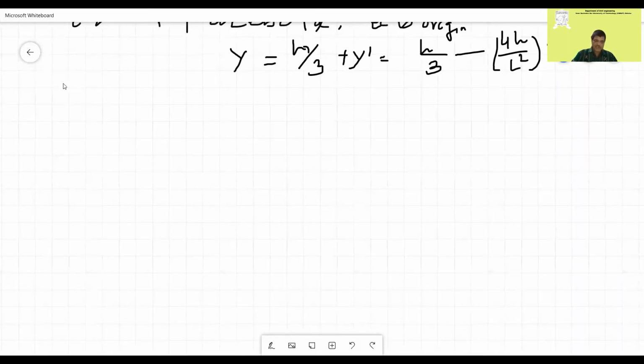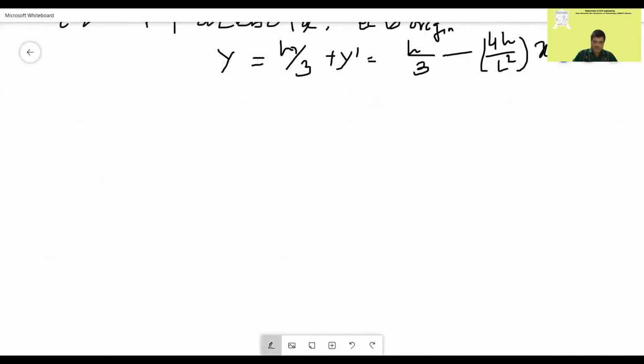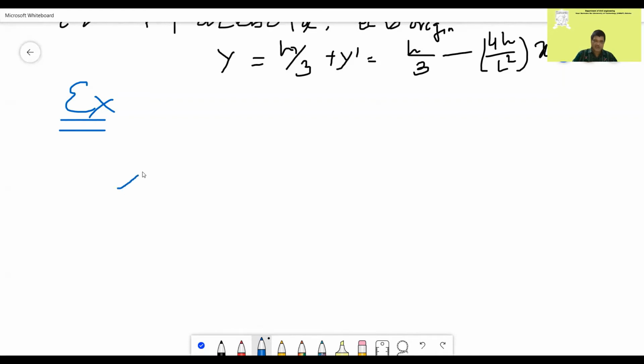Now let us see an example problem for the case of this fixed parabolic arc. The problem is: given a fixed parabolic symmetric arc, span is 30 meter. Let us draw this arc first.